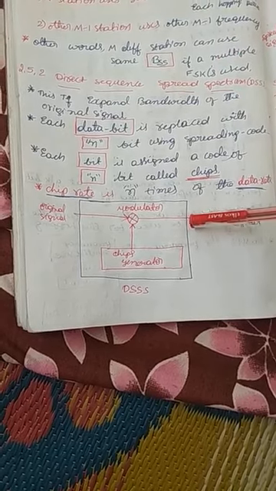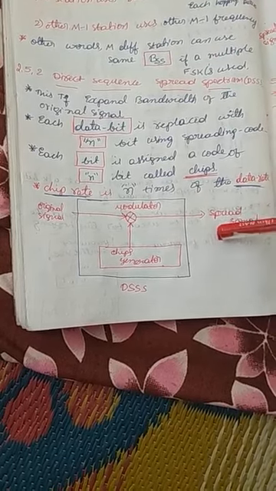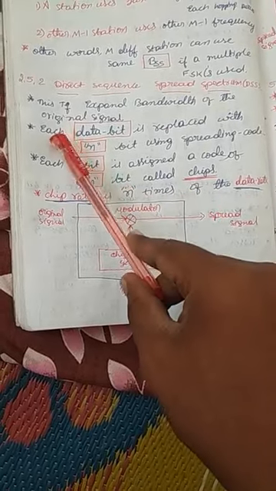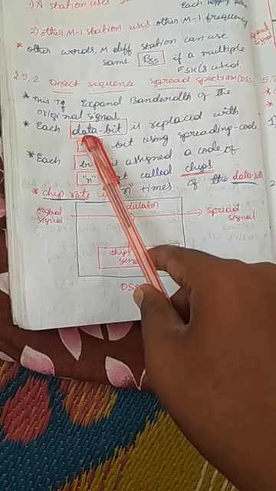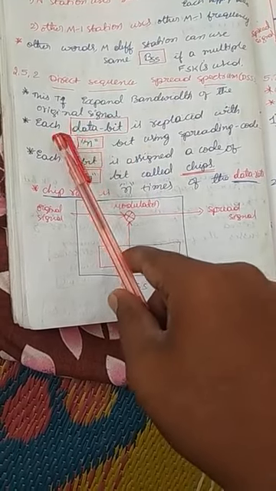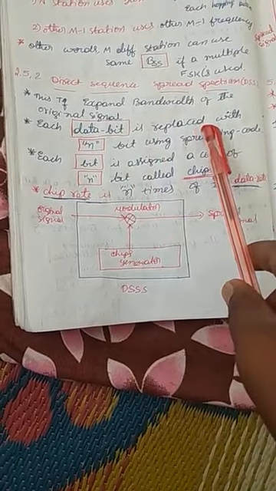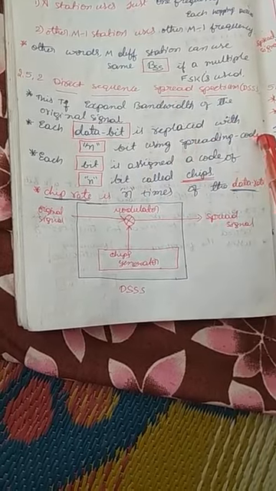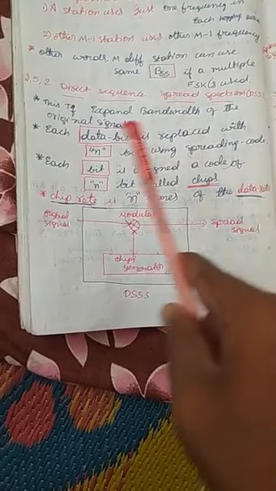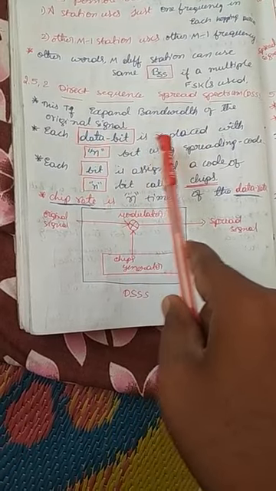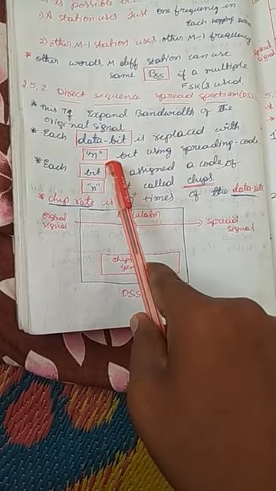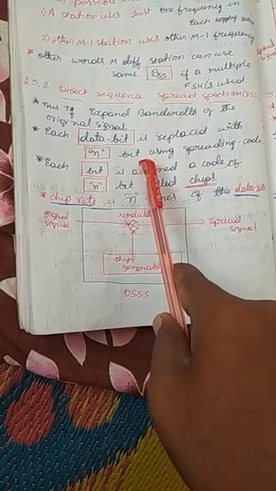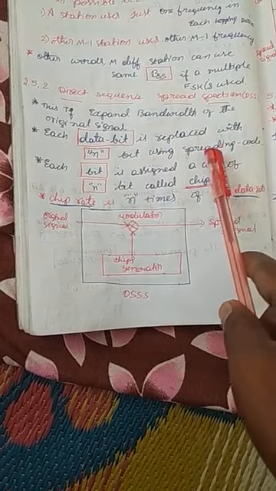Here you can see that each data bit is replaced with n bits using spread spectrum.